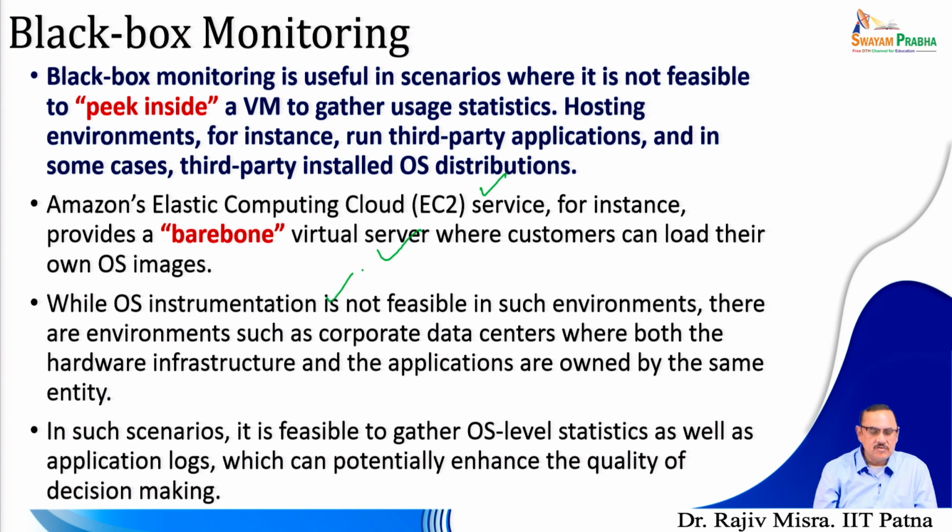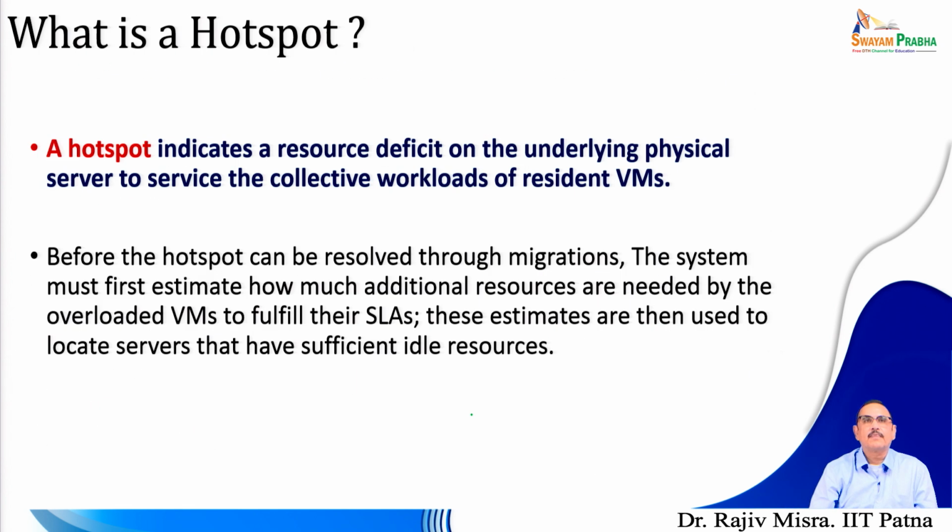Operating system instrumentation is not feasible in such environments, unlike environments such as corporate data centers where both hardware infrastructure and the applications are owned by the same entity. In such cases, it is feasible to gather operating system statistics as well as the application logs, which can potentially enhance the quality of decision making.